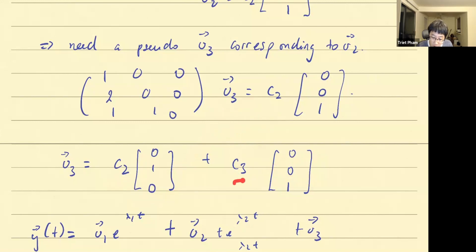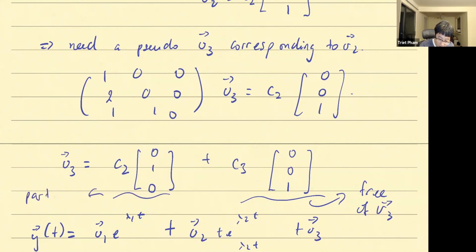And it's C3 because this is just the freedom of this guy. This is the homogeneous solution, so it's the free part. This is particular of V2. Got it? That's how you're not confused. You see which part must solve for what, and which part is free.